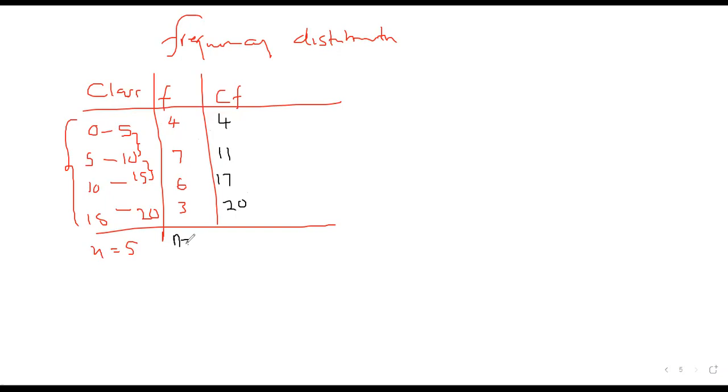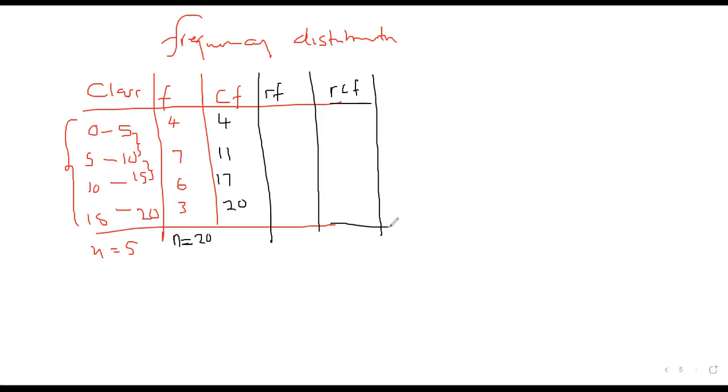So now, when you're dealing with a relative frequency, relative means out of the total. So relative frequency, and we also have relative cumulative frequency. So to find the relative frequency, we just total out of. So this is 4 out of 20.